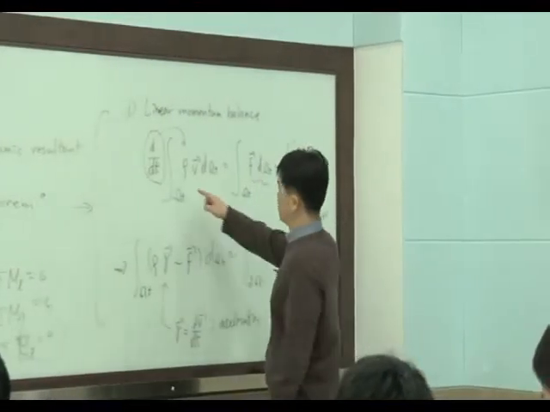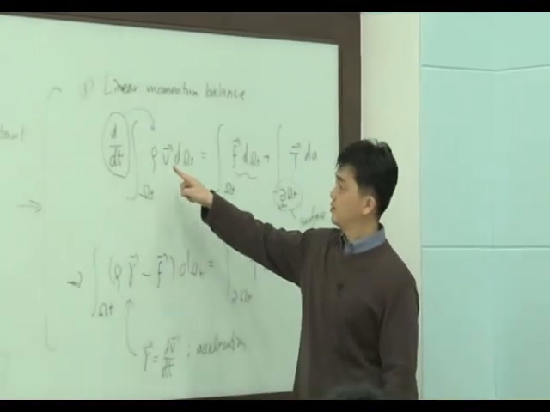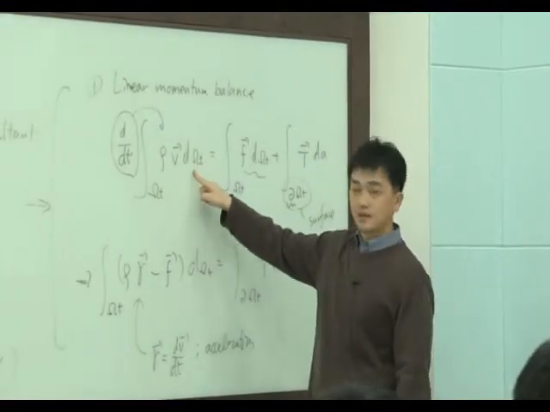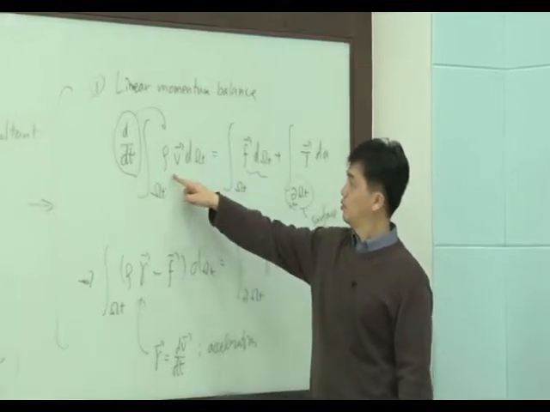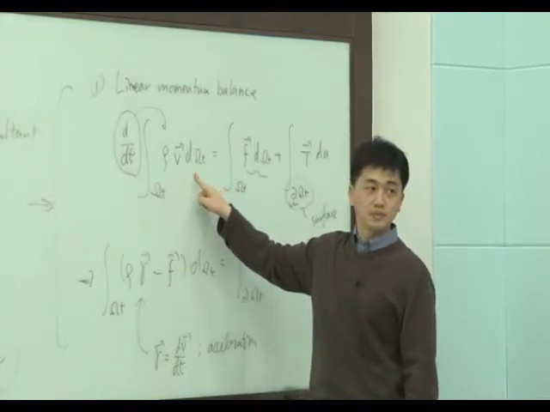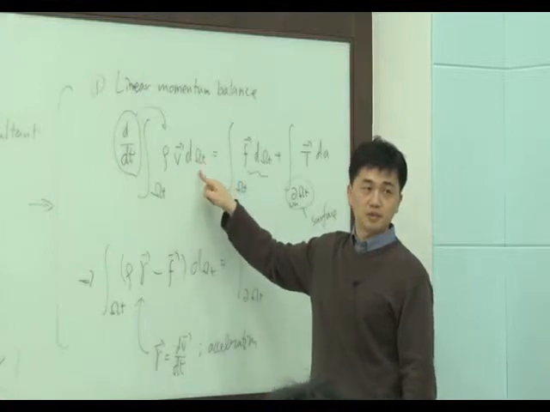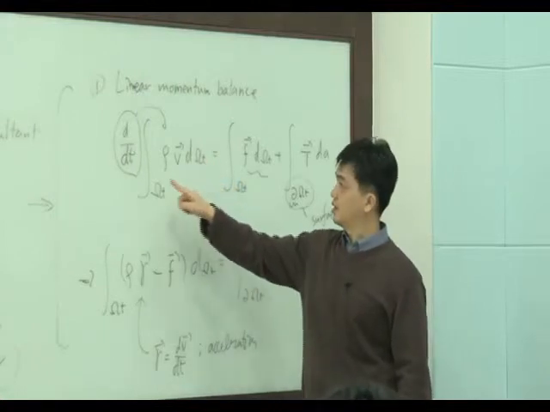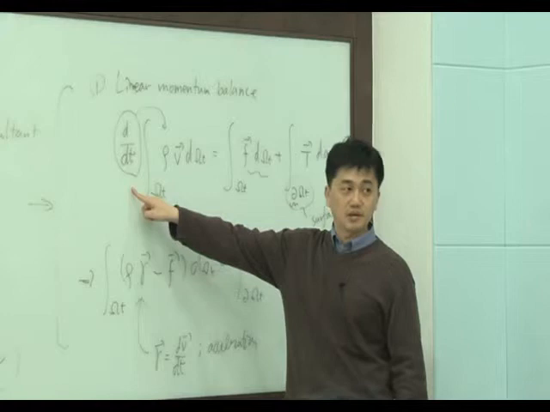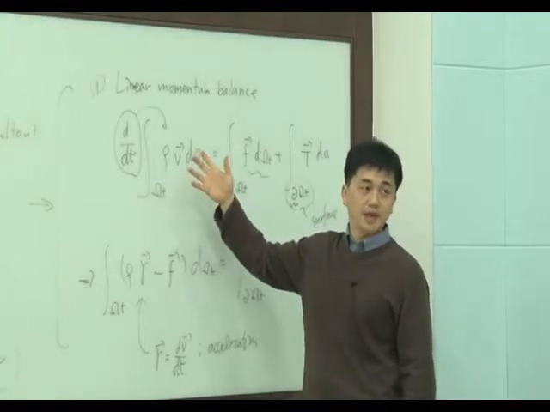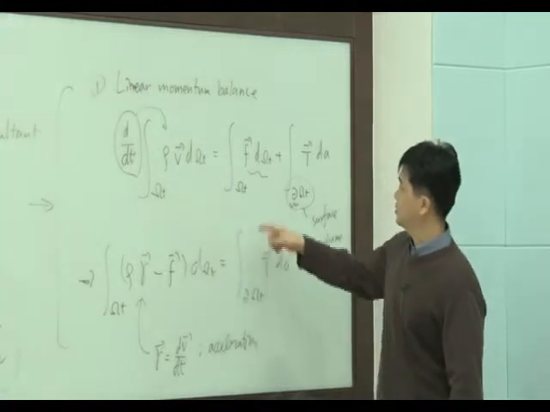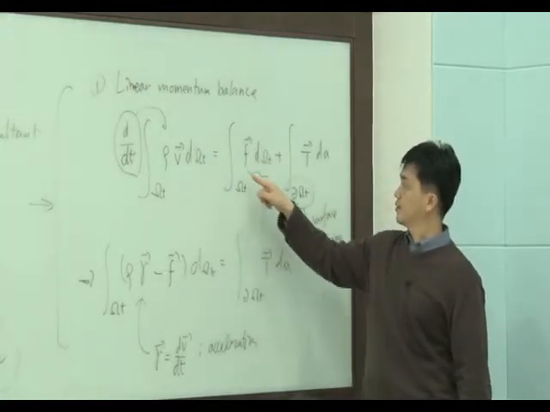Here, rho is density, v is velocity. This is a volume. So rho density multiplied by volume gives us mass, and this is a time derivative of v, m times a, acceleration, this is a force.